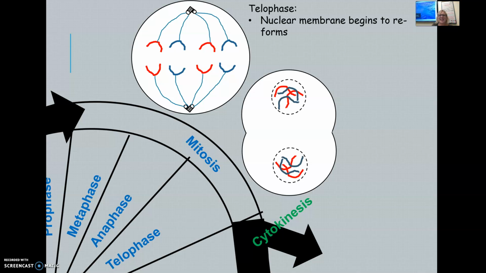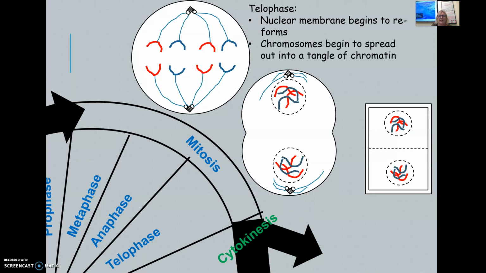All right, so now we're going to undo what was done in prophase. We're going to go ahead and start to reform the nucleus around the chromosomes that are in the form of just a line instead of as an X. And we've got our centrioles that are there, but the spindle fibers have disconnected and they'll eventually begin to disappear.